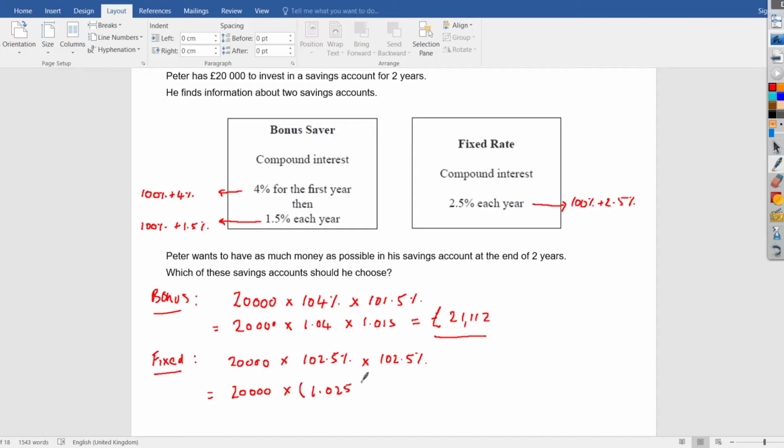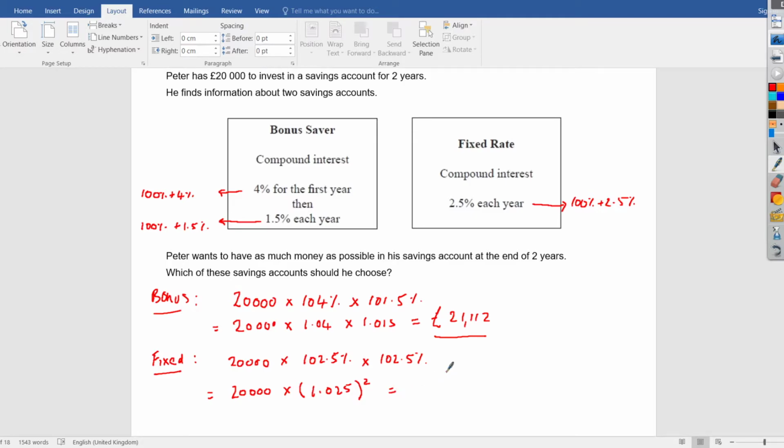And because it's the same amount each time, we can just square this on our calculator. On this occasion, it doesn't really matter so much, there's only 2 years to go. But when we get this fixed amount happening over 4 or 5 years, we can just put a power there. If it was for 5 years, put it to the power 5. It's much easier to calculate.